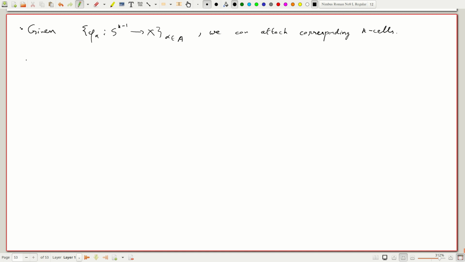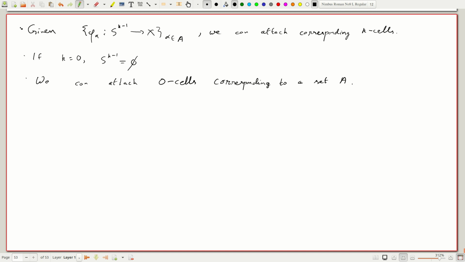Now let's look at some examples. The interesting case is that if k equals 0, S^(k-1) is the empty set. And so there is a unique function from the empty set to any space at all, including the empty space. So we can attach 0-cells corresponding to a set A. We have a family of maps, and those maps don't matter.